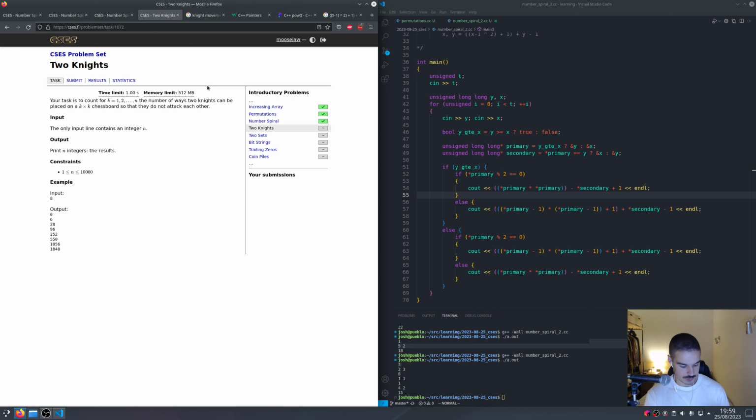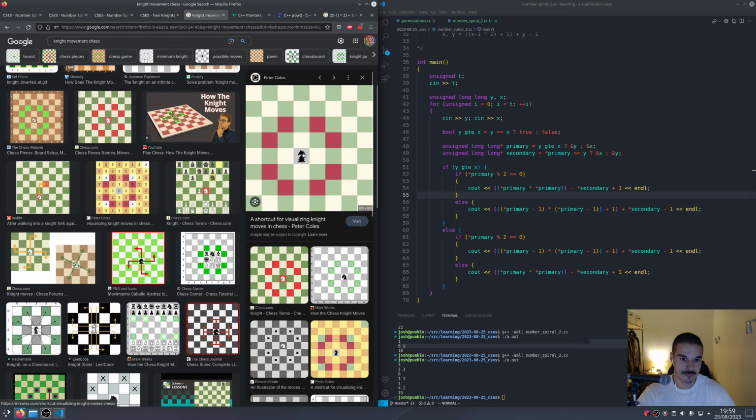So you take the total size of your chessboard, and then from 1 all the way up until the end of your chessboard, you plot out that if you place knight number 1, for example, here, where are its valid moves?